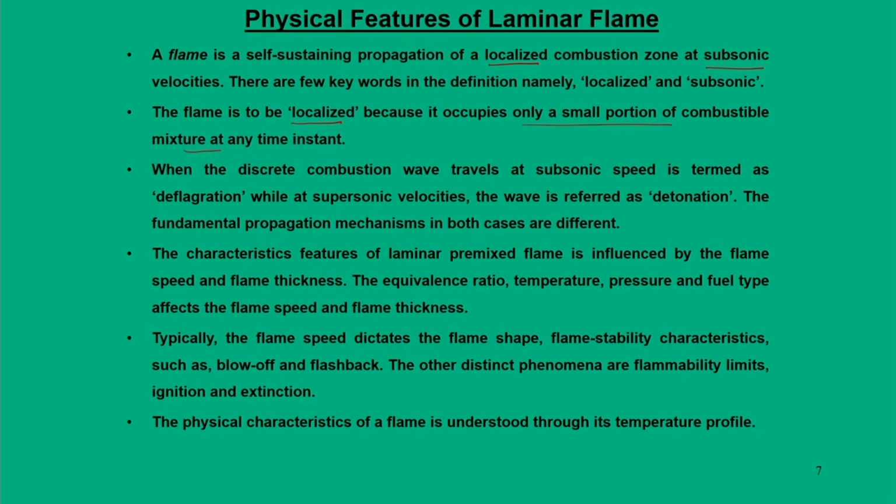If a flame exists, then it must contain the combustible mixture of fuel and air at any time instant. Now, there are two categories that we can have: deflagration or detonation. Deflagration occurs when discrete combustion waves travel at subsonic speed, but when these waves travel at supersonic velocities, we call this detonation.